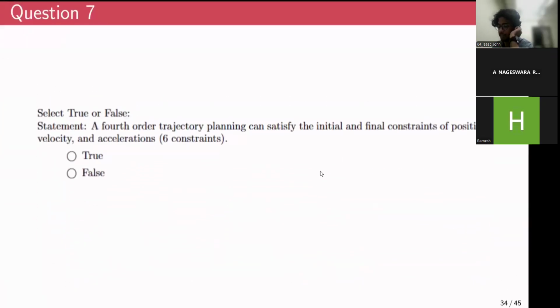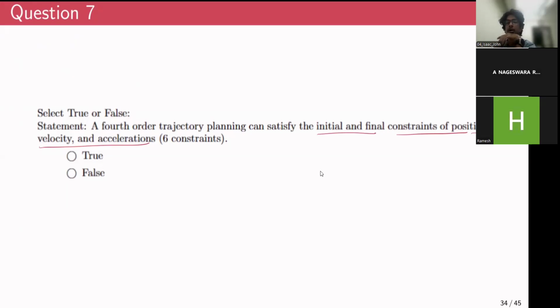Moving on to question 7, a fourth order trajectory planning can satisfy initial and final conditions of position, velocity, and acceleration. A fourth order, would that be true? So in all cases, we were considering a polynomial of odd degree.